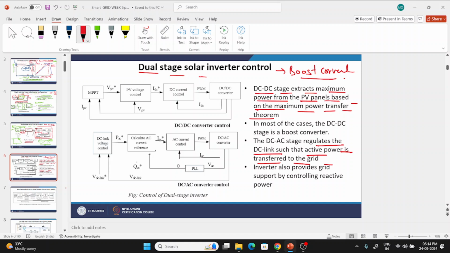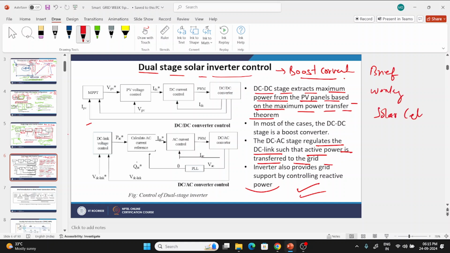The inverter also provides grid support by controlling the reactive power. So this is the control of a dual stage inverter.